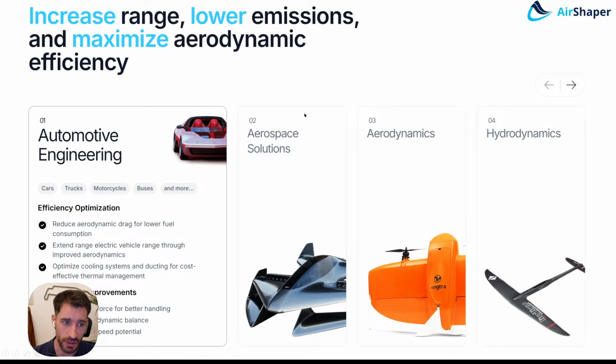We're active in automotive engineering, which is the topic of today, but we also work on aviation applications, aircraft, eVTOLs, which is electric vertical takeoff and landing aircraft, new concepts, drones, very big topic. And we also work on hydrodynamics, where we work on hydrofoils, ROVs, which is remotely operated vehicles, so submarine kind of vehicles with remote control, kind of drones underwater, and so on.